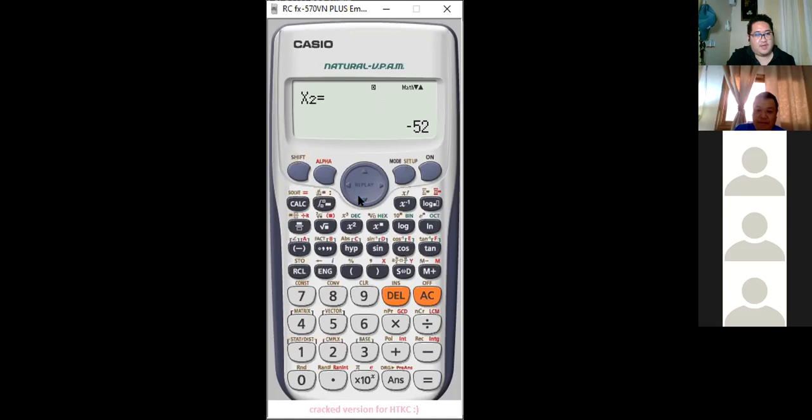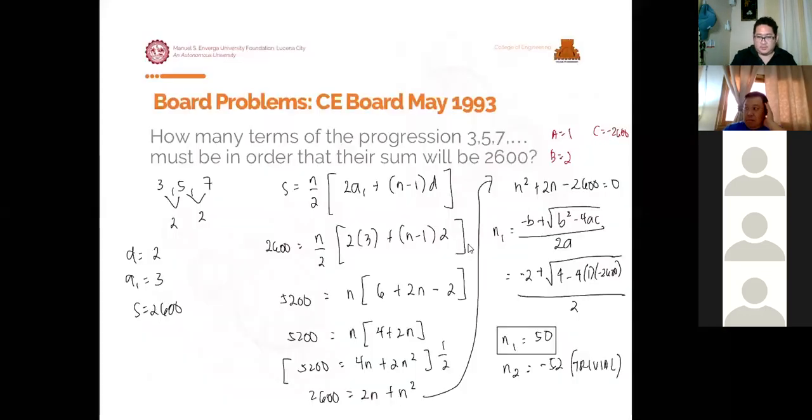So, 50 and negative 52, same as nung na-calculate natin by formula ng quadratic equation. Okay, so ito yung in-input natin: 1, 2 at negative 2,600.